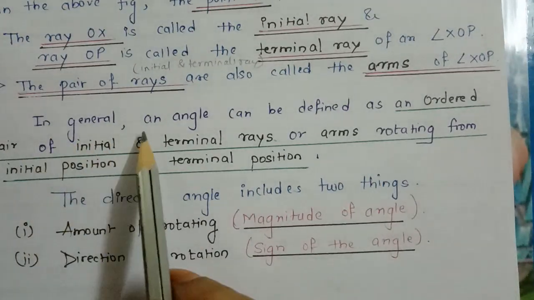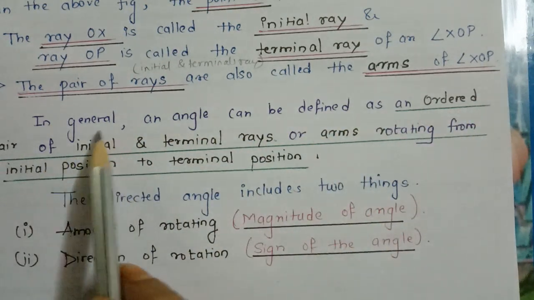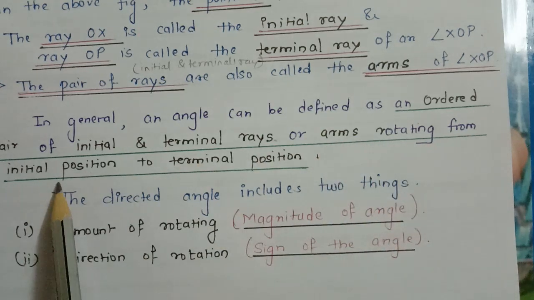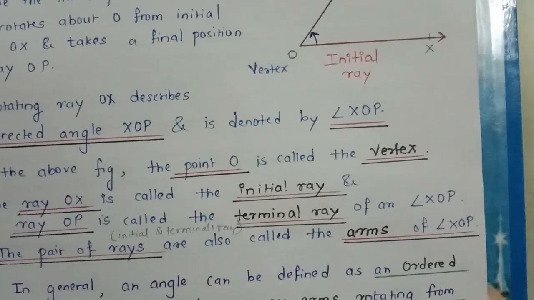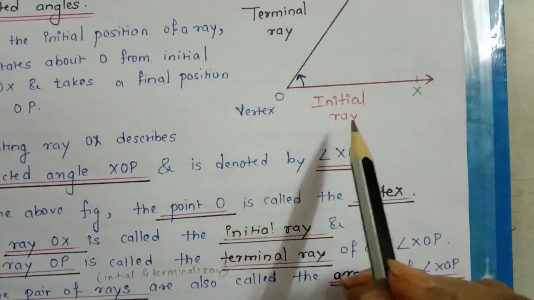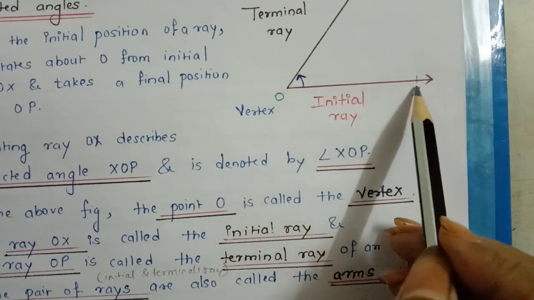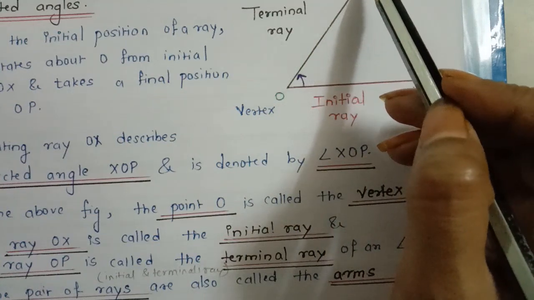Now, in general, an angle can be defined as an ordered pair of initial and terminal rays or arms rotating from the initial position to the terminal position. So just now we have learned that a directed angle is when the initial ray rotates about O and reaches the final position.